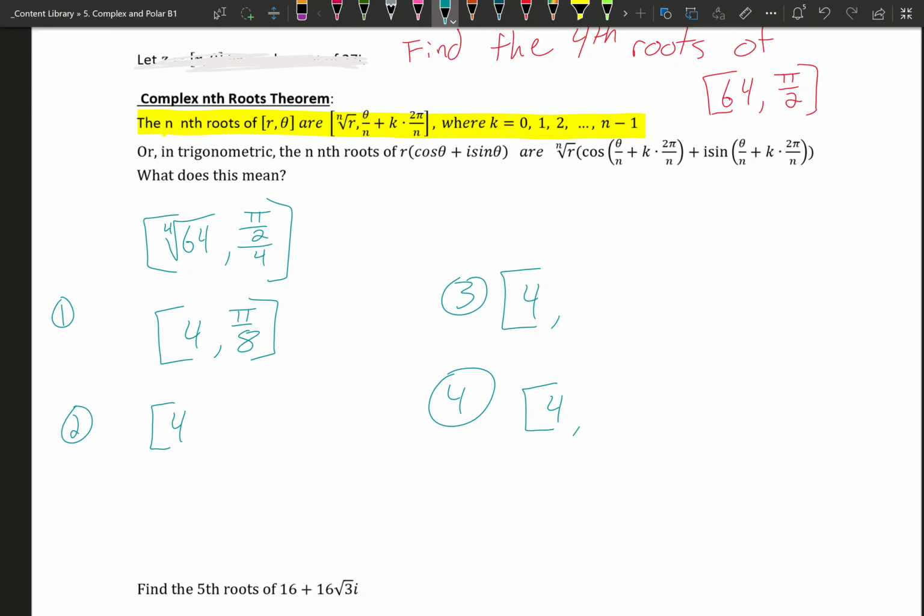Then for your angle, we always start off with that theta divided by n. So in this case, it's that pi over 8. Then we're adding some k value multiplied by 2 pi divided by n, which in this case is 2 pi over 4.